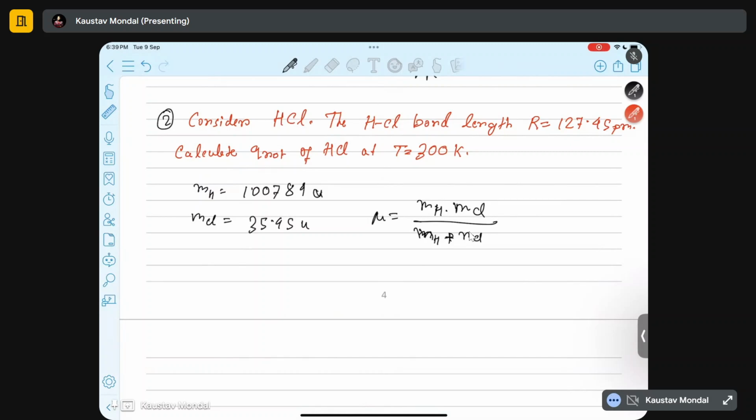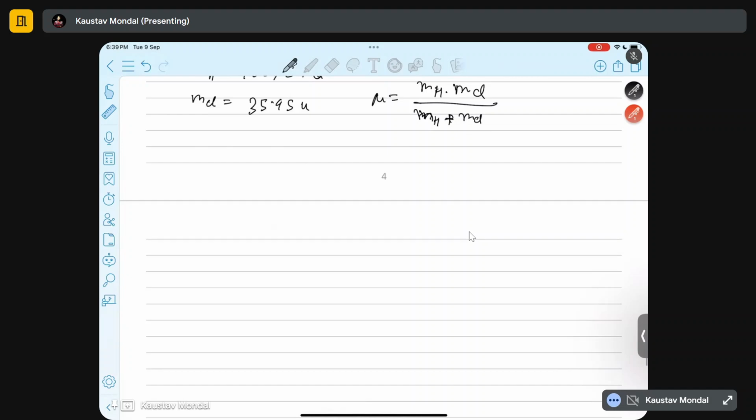So this would be the expression of the reduced mass of both. Now we have to substitute the mass of hydrogen and chlorine. In that case, we get 1.67 into 10 to the power minus 27 into 5.366 into 10 to the power minus 26, divided by 1.67 into 10 to the power minus 27 plus 5.366 into 10 to the power minus 26.